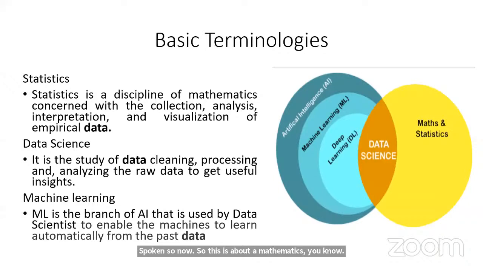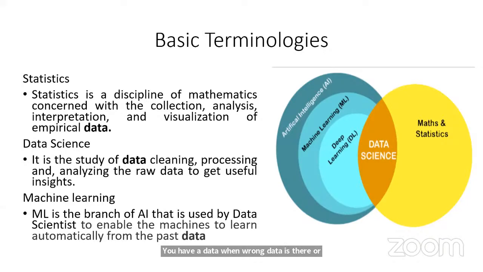Now is data science. Now, what is data science? Now, data science is the study of data. Simple. Data science is a study of data. Now, what data? Cleaning the data. Now, what do you mean by data is impure? It's not cleaned. Like data cleaning means you have a data which has some missing values in it. You have a data where wrong data is there, like age.